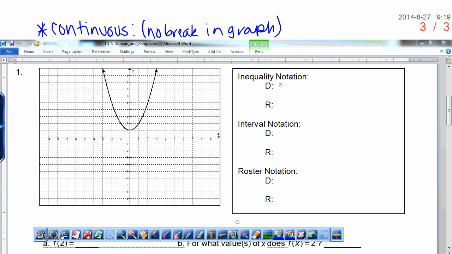So what you can say here is x is an element of, which is this weird curvy E, and the symbol for our real numbers is your double-backed R, or your funky R. So the way you read that statement is x is an element of all real numbers.